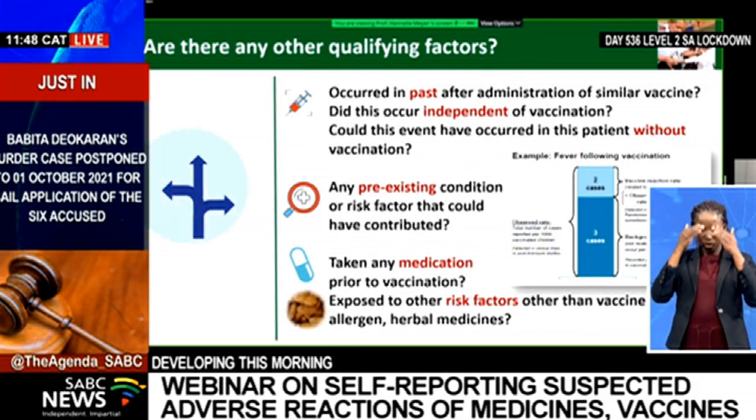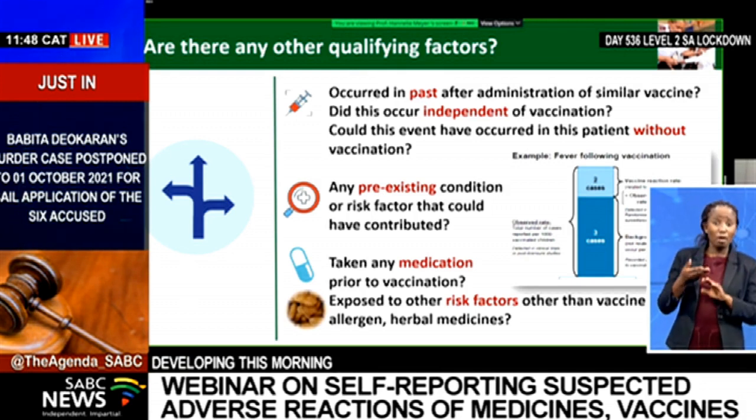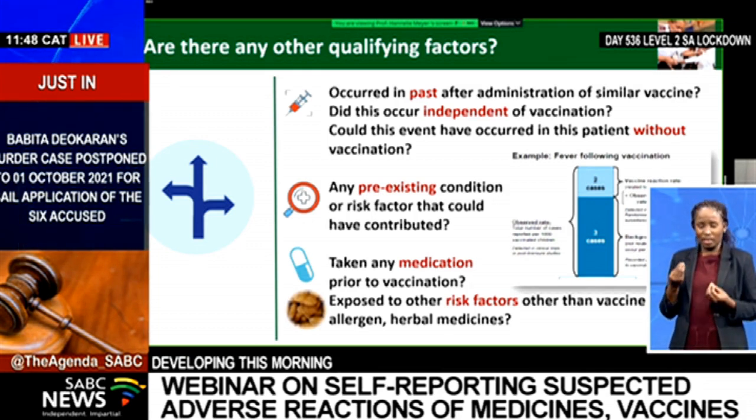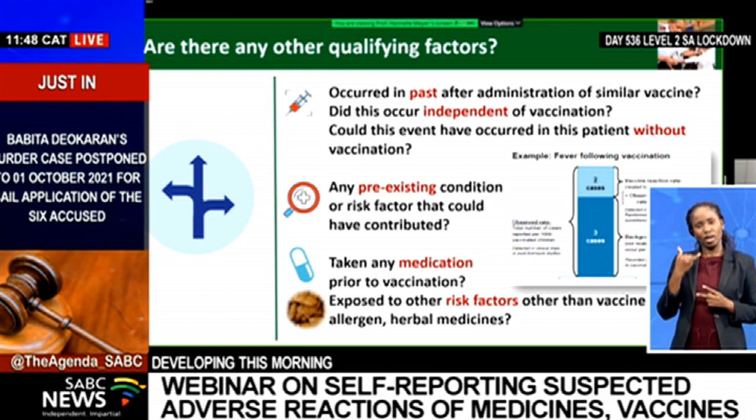And then also you look at whether there are any other qualifying factors. So did this occur with this person in the past? Did this occur independent of vaccination? Could this event have occurred in this patient without him or her being vaccinated? Is that possible? Also, you would look at whether there are any pre-existing conditions or risk factors that could have contributed to the event.